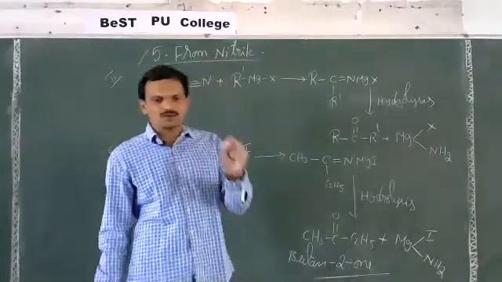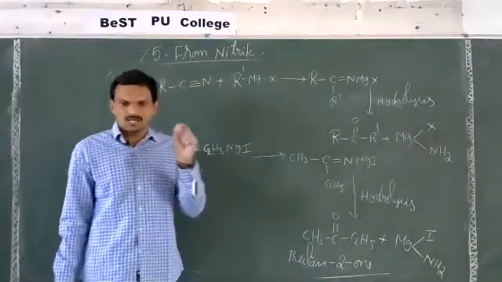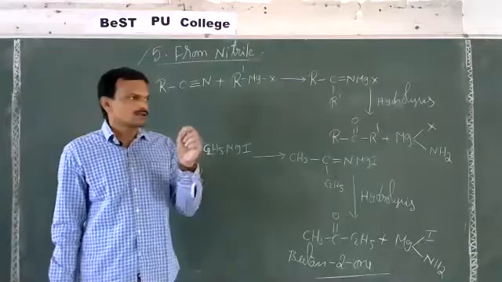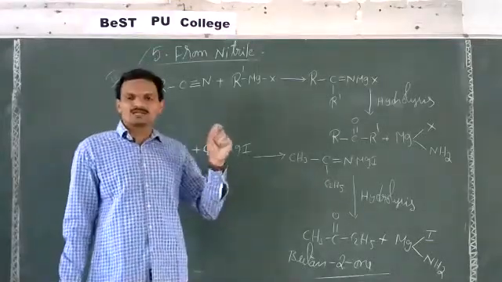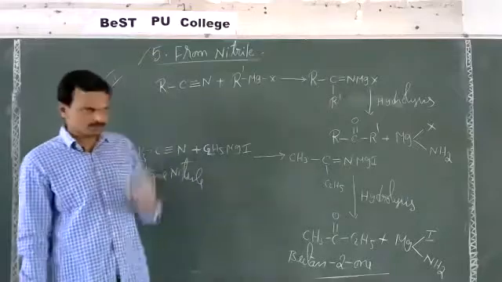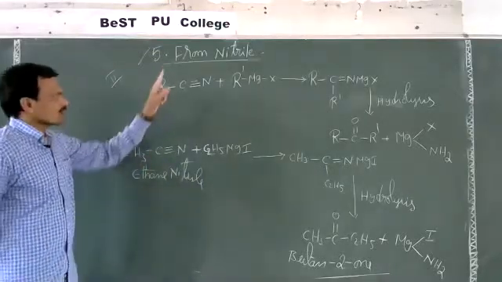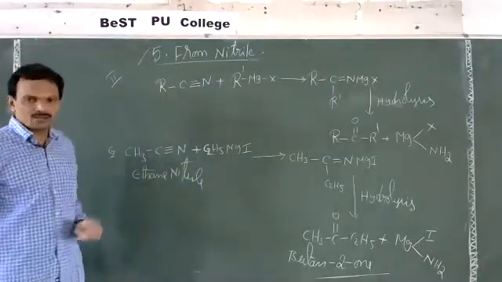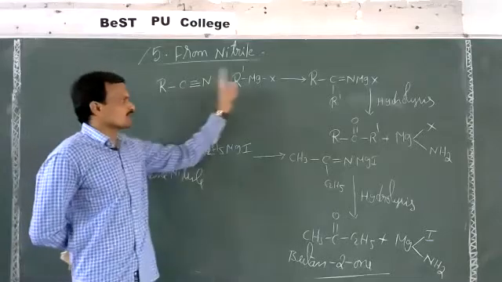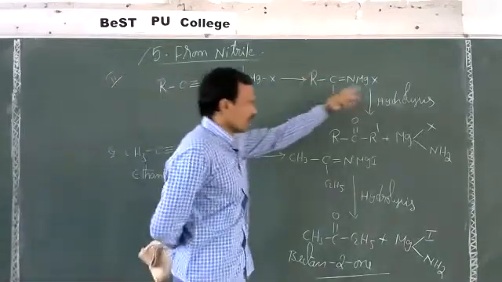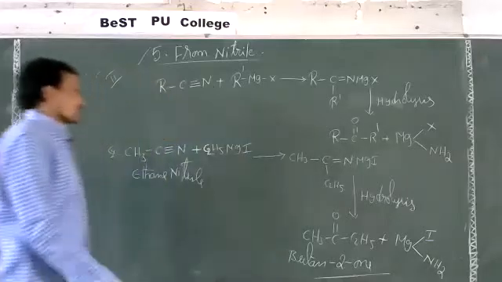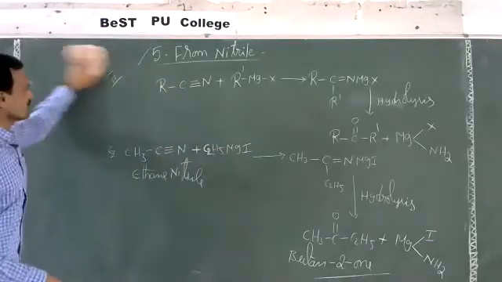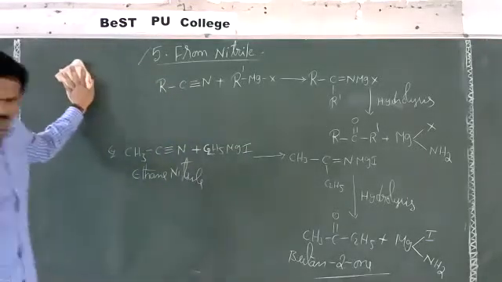The advantage of using DIBAL-H is that DIBAL-H reduces nitriles without affecting the unsaturation in the given compound, whereas ketones are produced from the nitriles by the addition of Grignard reagent followed by hydrolysis. So this is the preparation of aldehydes and ketones from nitriles.